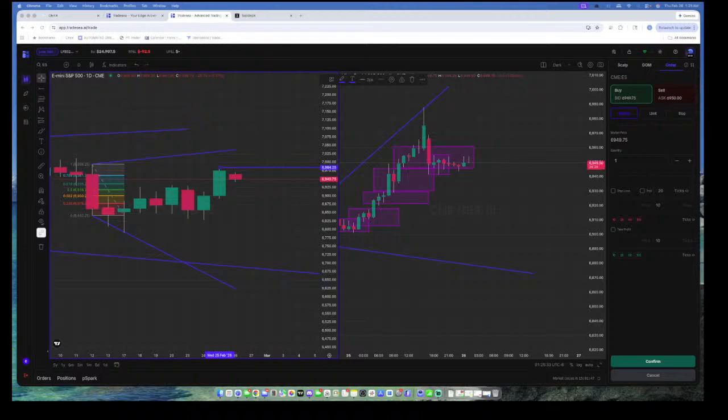I mean, we might and we might not. We could stay inside day. I guess we could theoretically come two down, but we would need to retrace all of this price action here and come back and touch all this liquidity. So in essence, we need to break 68.90 in order to go two down on the day. Not impossible, but I have a feeling we'll either go two up or we'll just stay inside day. So we'll see what happens.